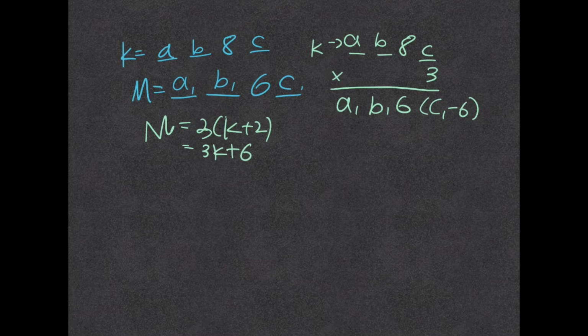So what we can see here is that when we add after it, we will find A1, B1, 6, and then C1, because we added C to the last digit.